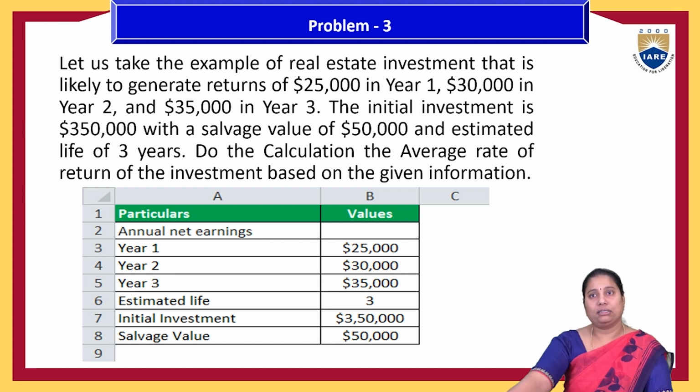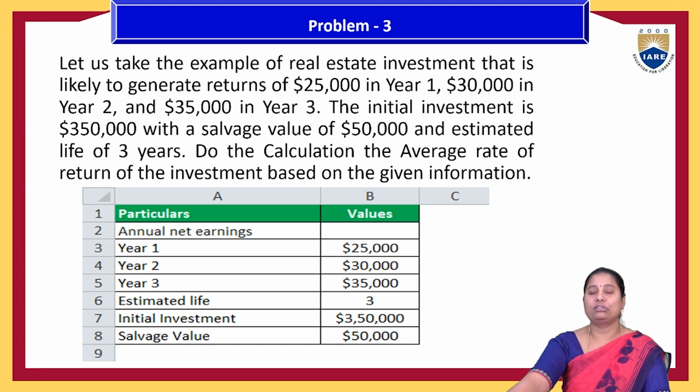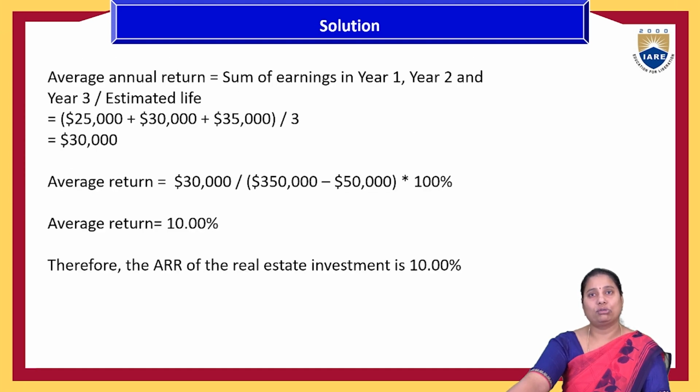Do the calculation of the average rate of return of the investment based on the given information. Annual net earnings are year 1 25,000, year 2 30,000, year 3 35,000, and the estimated life is 3 years, total investment is 3,50,000 and the salvage value is 50,000.